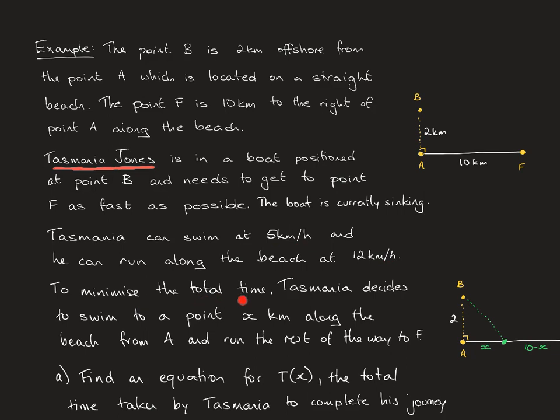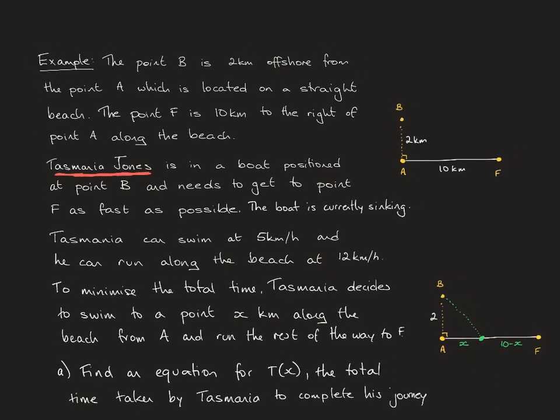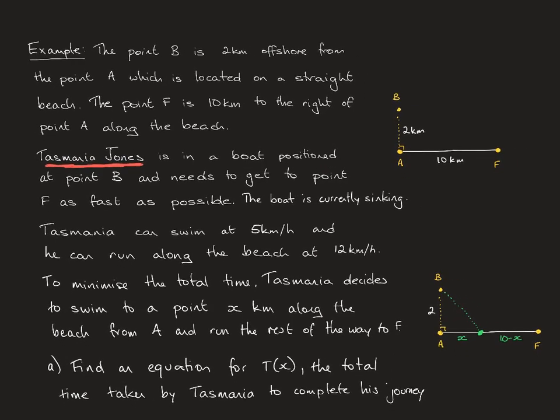To minimise the total time, Tasmania decides to swim to a point X kilometres along the beach from A and then run the rest of the way to F. Find an equation for t of x, the total time taken by Tasmania to complete his journey.